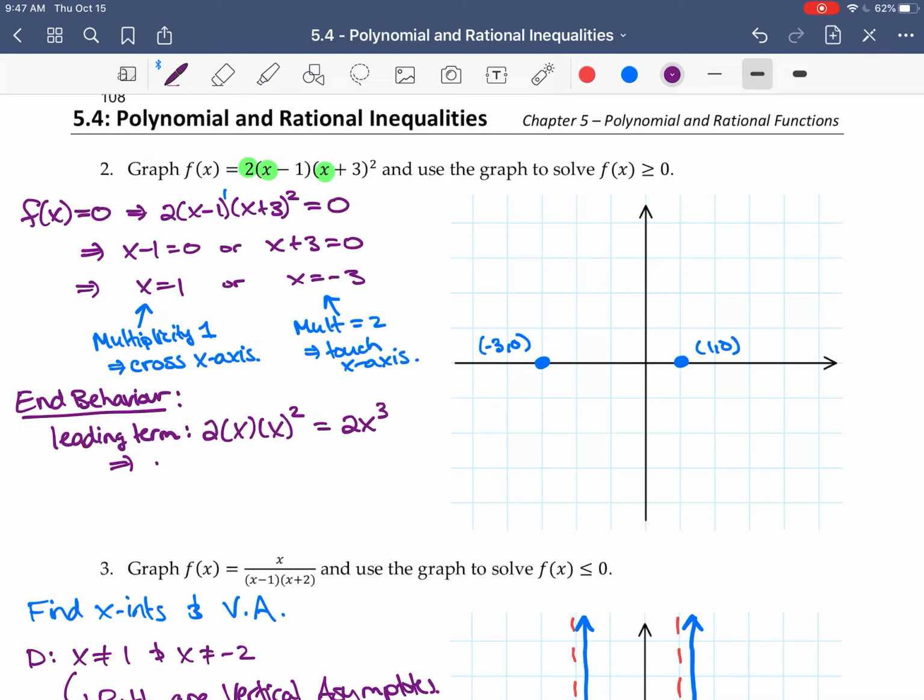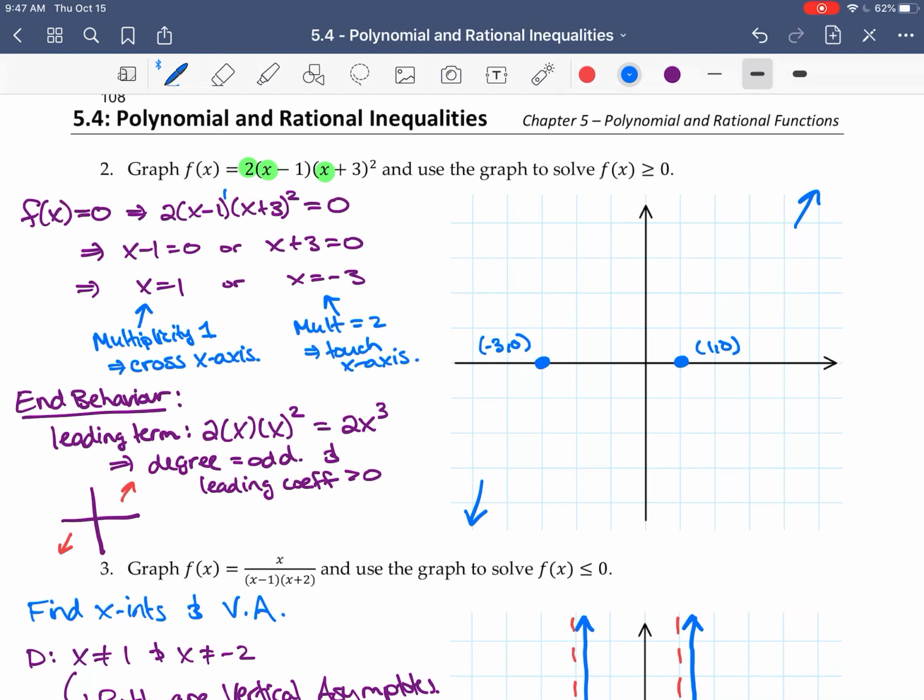So that means that the degree is odd, and the leading coefficient is positive. So that means that our end behavior is going to look like that. That's enough to graph this. So we know that it leaves this way and it leaves this way.